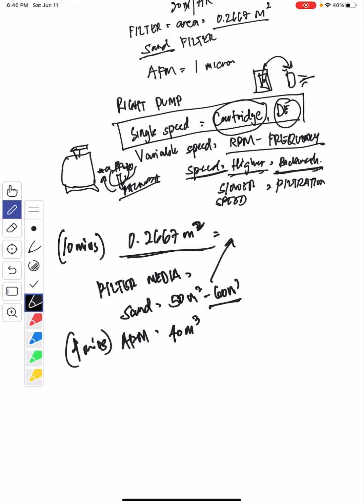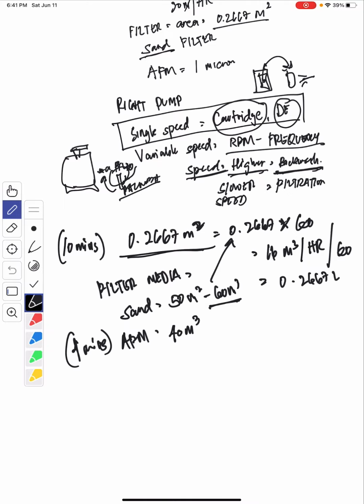Okay, so in sand that would be 0.2667 times 50, or let's say times 60, just worst case scenario, right? Times 60, so that would be 16 cubic meters per hour. Now you can divide this all by 60 minutes, and that would be 0.2667 cubic meters per minute.